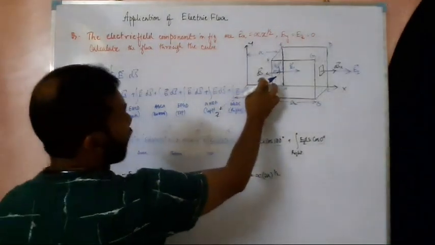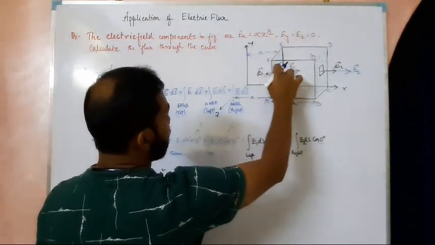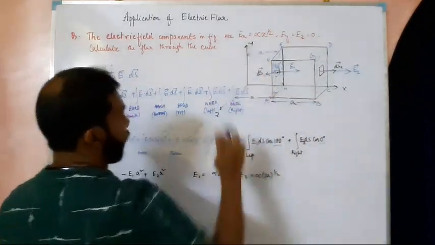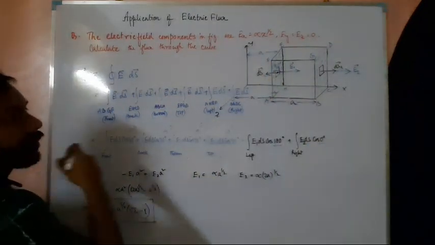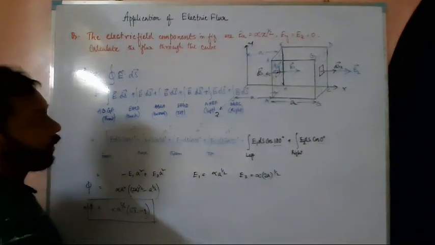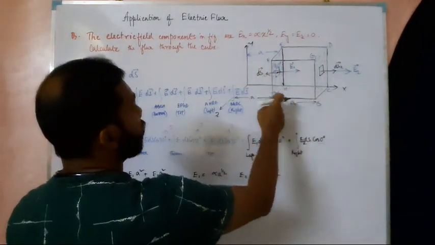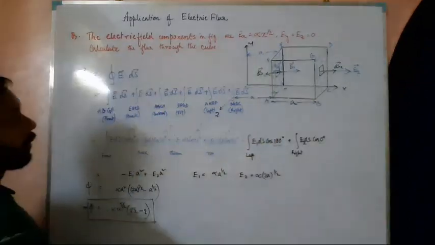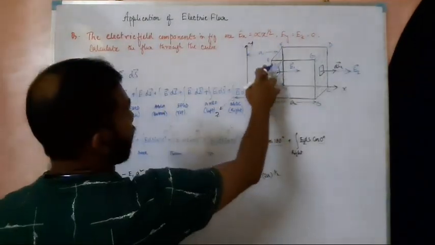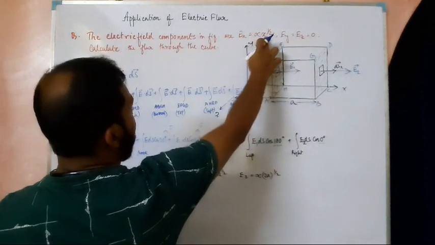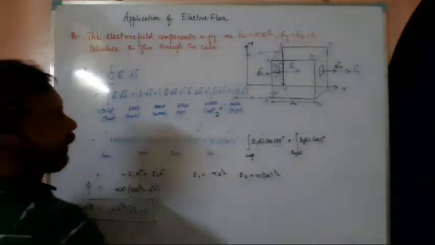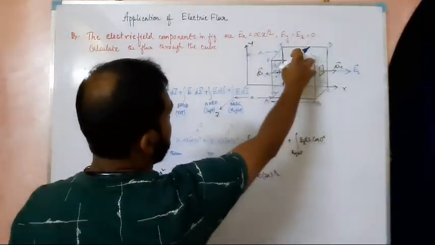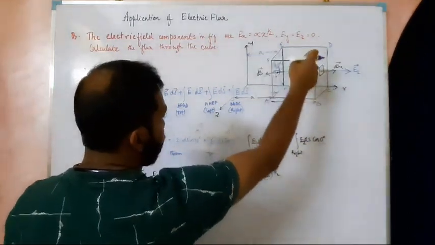E1 is the electric field at this position, because the electric field is a function of x. It contains x, so it will have different values in the left surface and the right surface. For the left surface, it is alpha a to the power half, and for the right surface, it will be a plus a, that means alpha 2a to the power half.